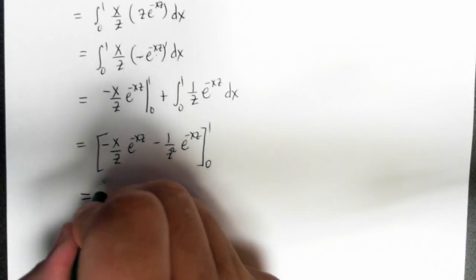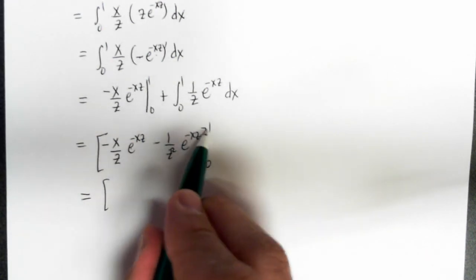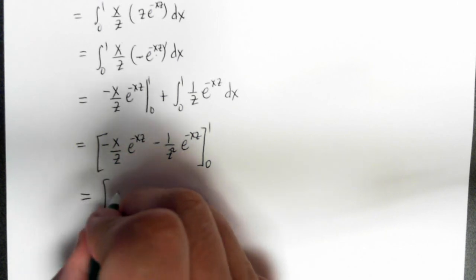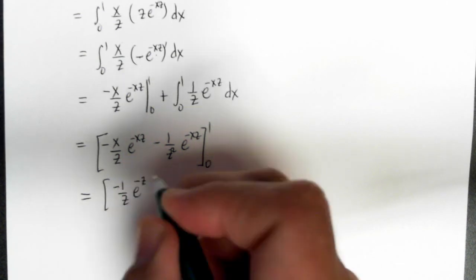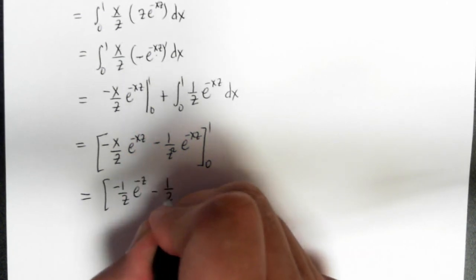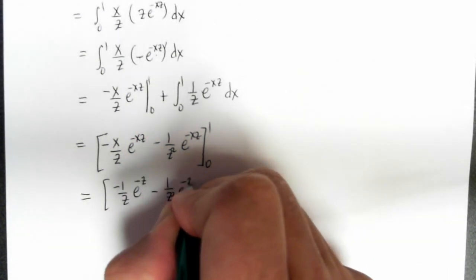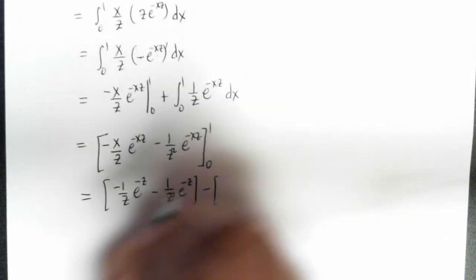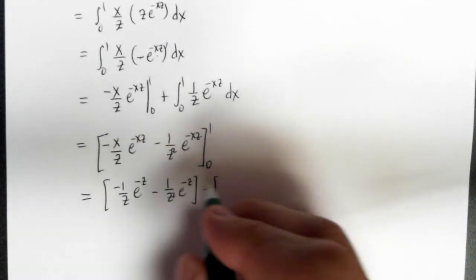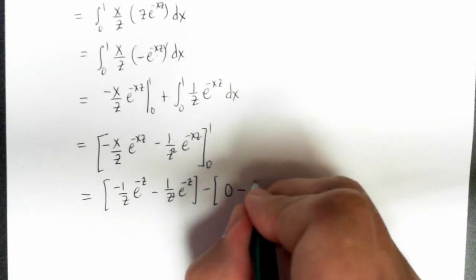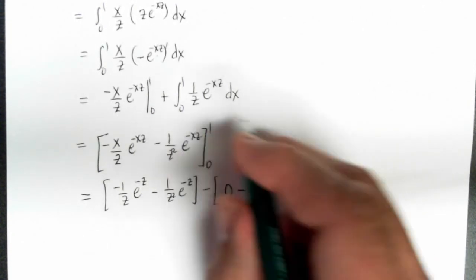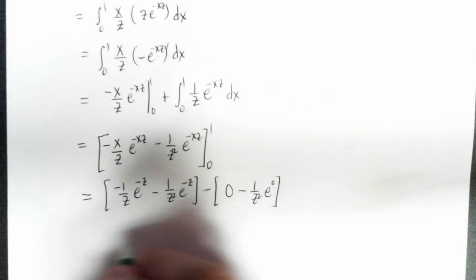Plugging in 1, and I'm plugging 1 for x, not for z, we get negative 1 over z, e to the minus 1 times z, minus 1 over z squared, e to the minus 1 times z. Then plugging in 0 for x, we get 0 times whatever is 0, minus 1 over z squared times e to the 0, which is 1.